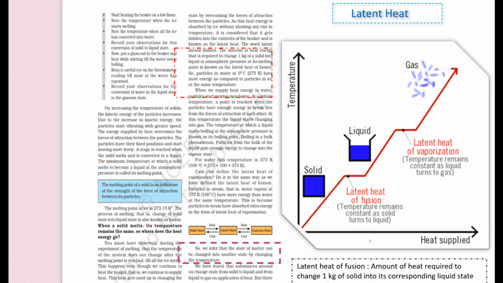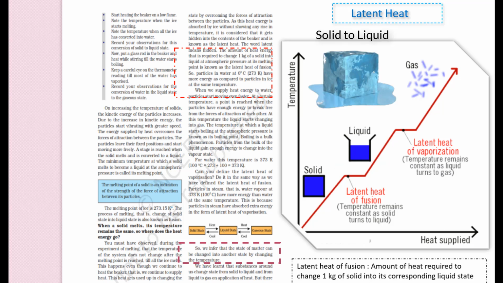As I just now told you, whenever there is a conversion of a substance from one form to the other, here in this case a solid to a liquid, the latent heat comes into existence. Since the conversion of a solid to a liquid is called melting or fusion, this latent heat is called the latent heat of fusion.